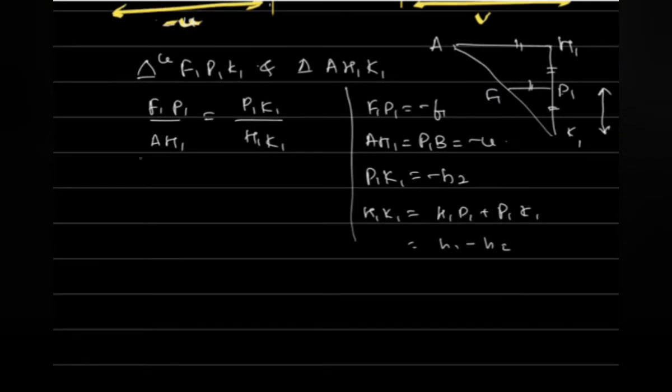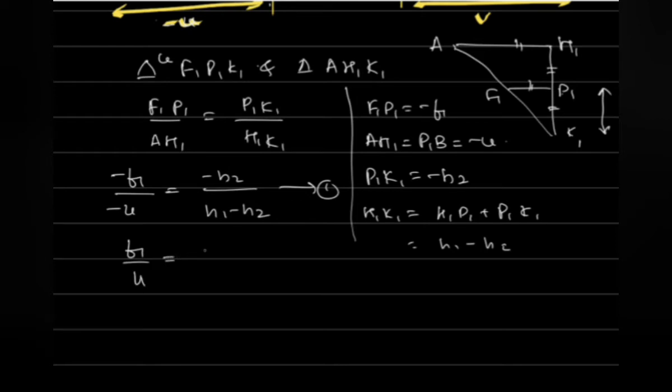So put these values into the equation. Minus F1 divided by minus U equals to minus H2 divided by H1 minus H2. So this is the equation 1. It means F1 upon U equals to minus H2 divided by H1 minus H2. We'll call this 1.